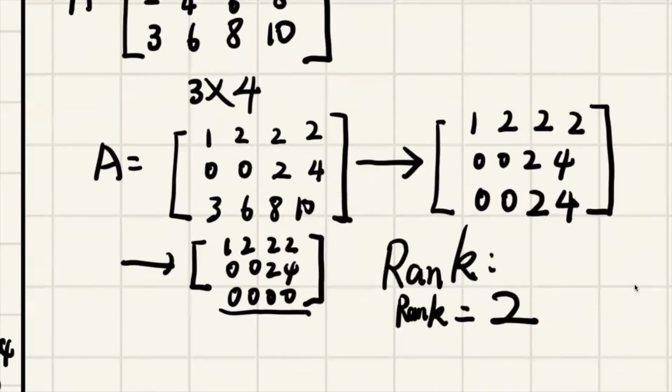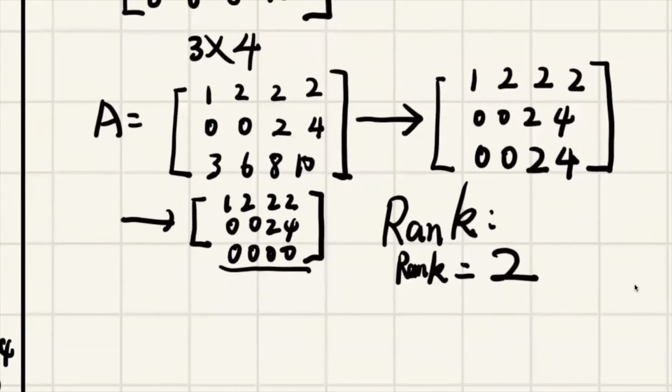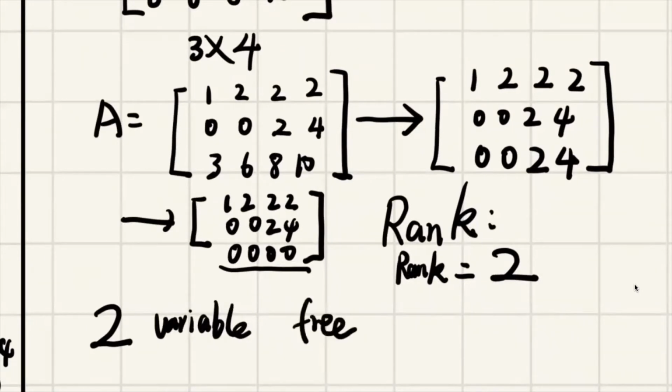So when we have a rank of 2, it means that we have 2 pivot variables out of the 4.